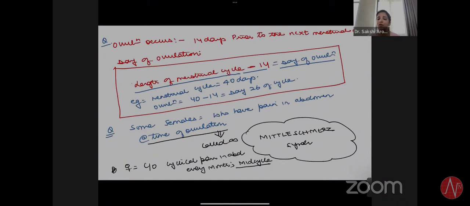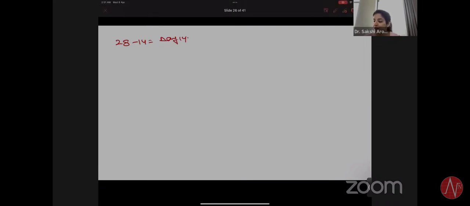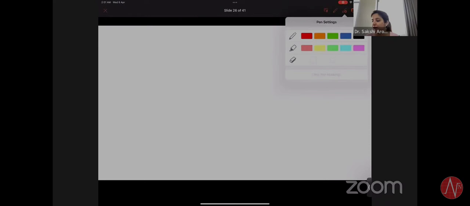You simply have to give NSAIDs. If the cycle is 28 days, then 28 minus 14 is day 14. This is very easy. And till today we have been studying that in a 28 day cycle, ovulation happens on day 14.